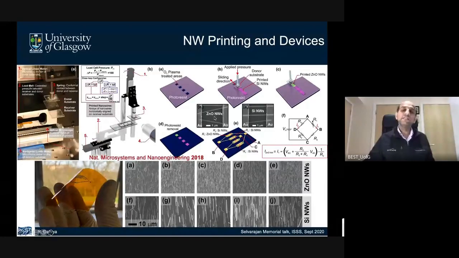We tested zinc oxide nanowires and silicon nanowires, and these are examples shown here. It's quite good. Orientation is very important, because it affects the performance. If wires are aligned in one direction, the performance is much better, and if they are randomly aligned, then the performance of the transistor goes down. This work was published in Microsystems & Nanoengineering, and this paper also got the outstanding paper award for that journal.